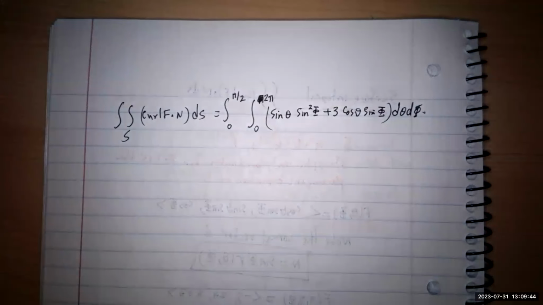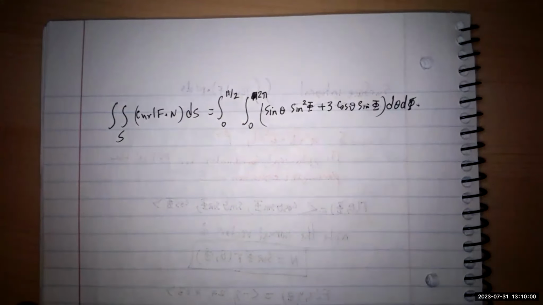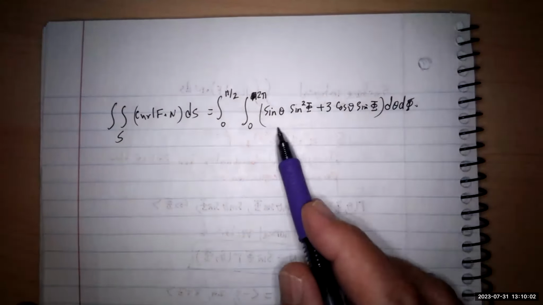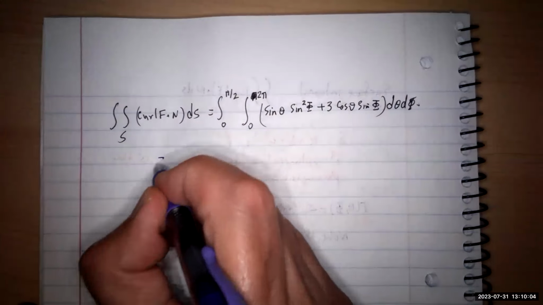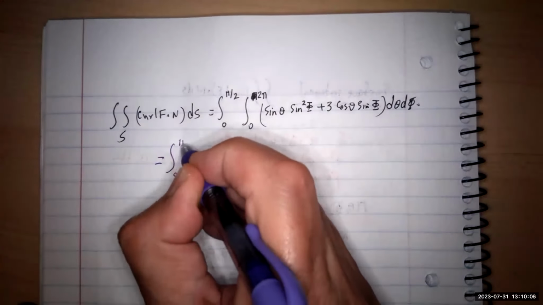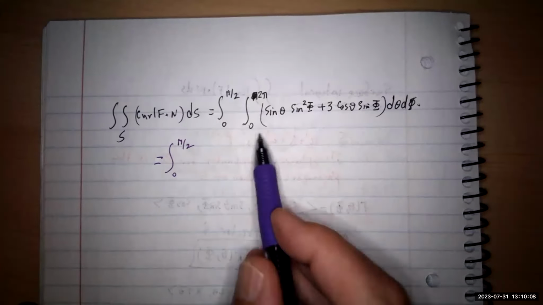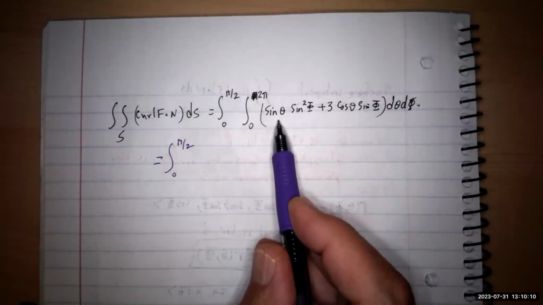Okay, I simplified everything. I changed it in terms of phi and theta. So carefully integrate it. You break it into 2 parts and it can be integrated somewhat easily. So I integrate with respect to theta first. So it's equal to 0 to pi half. Integral of a sine is a negative cosine.